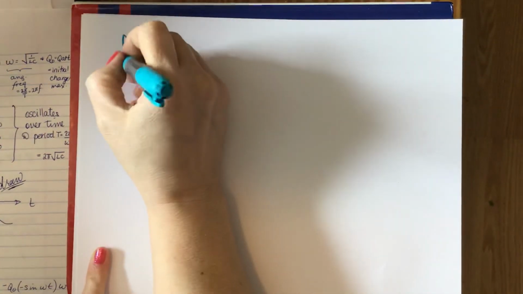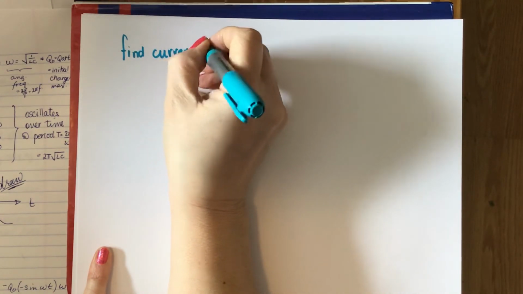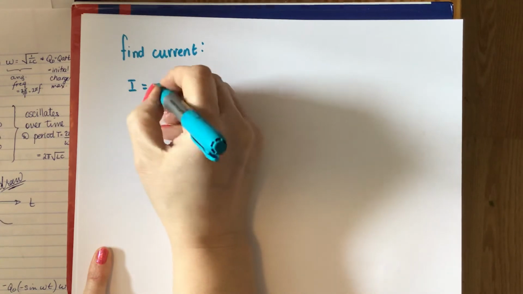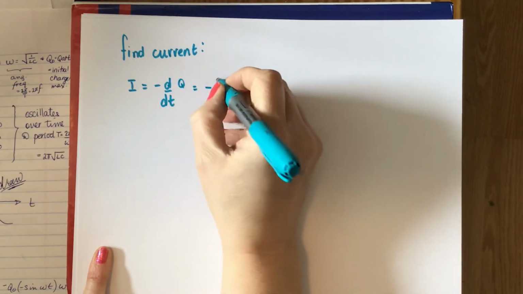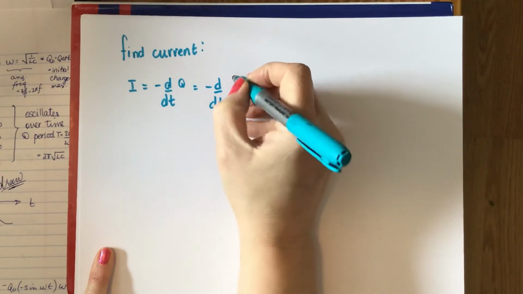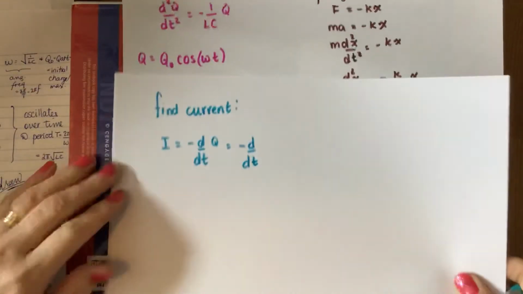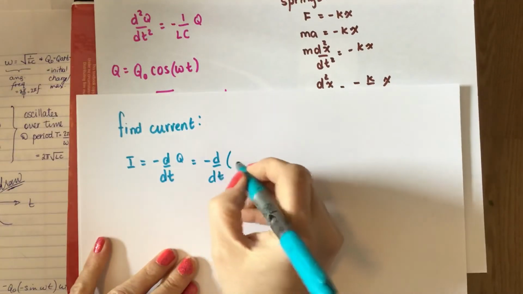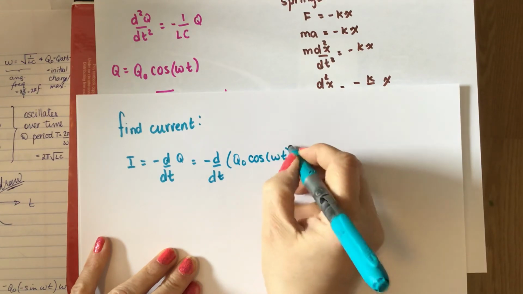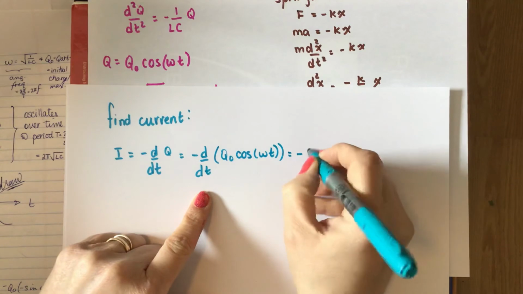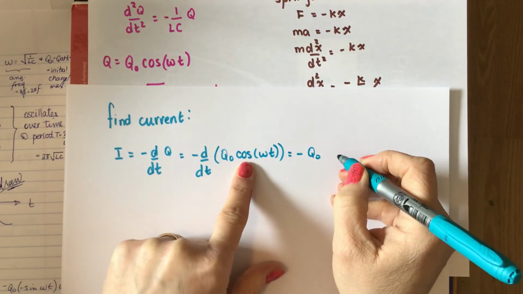So if we want to find current, what we know is I is equal to minus dq/dt. We'll fill in our expression for q as a function of time. So we have minus q0. The derivative of cosine is minus sine.